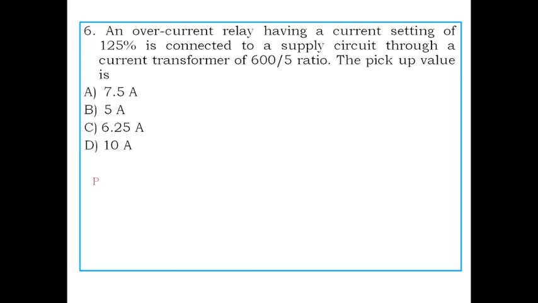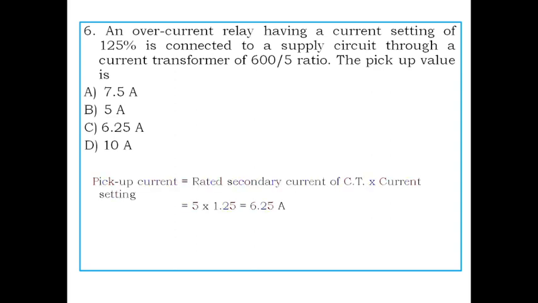The pickup current is equal to the rated secondary current of the CT, into the current setting. Here the secondary current is 5, from 600/5, and the current setting is 125%, that is 1.25. So 6.25 amps is the answer.